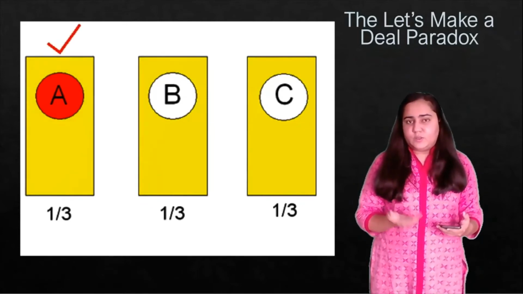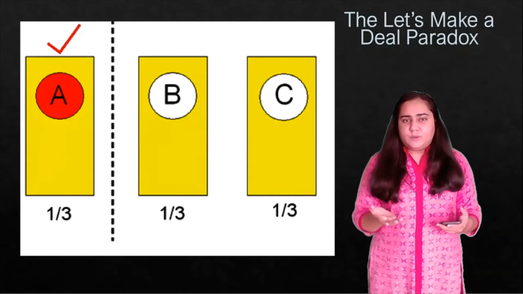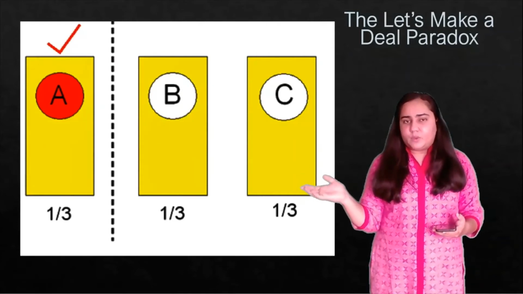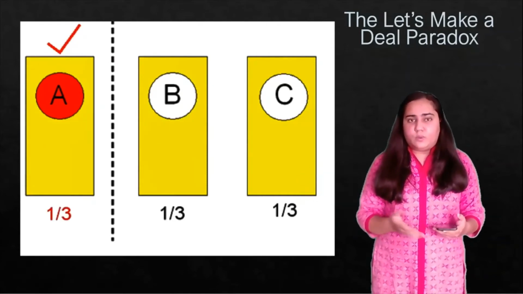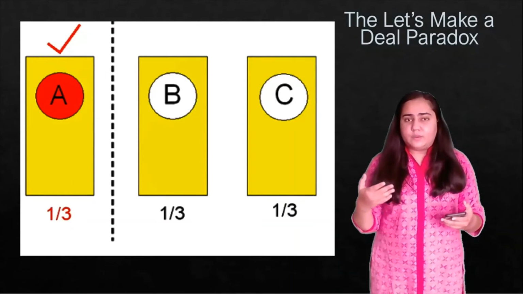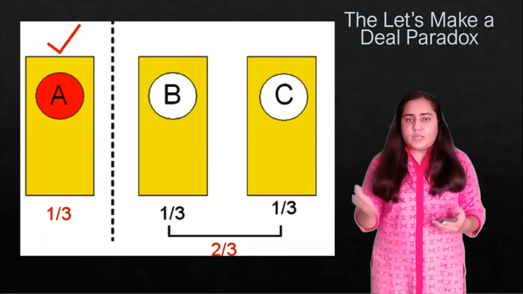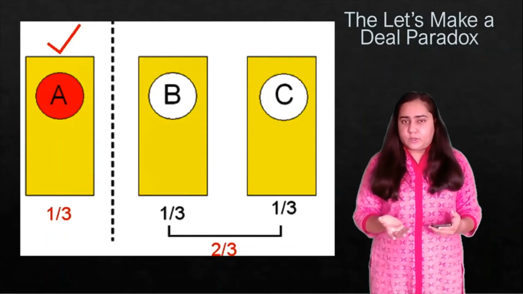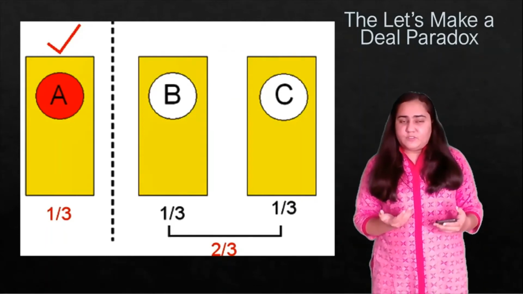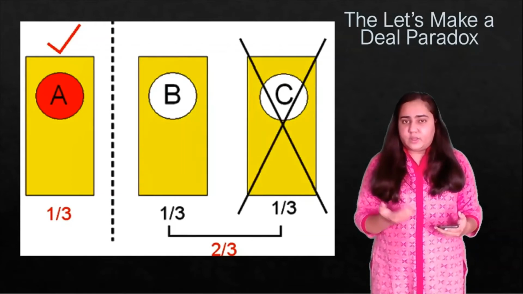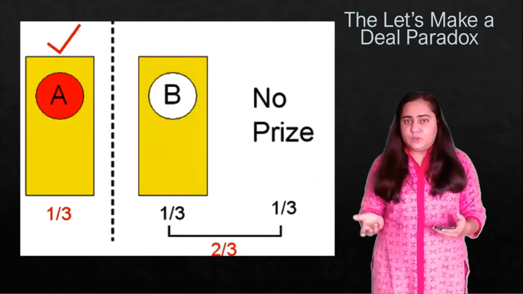Probability of B is 1/3, C is 1/3. Suppose you selected door A with a probability of 1/3. Now that means the doors that are left are B and C. Together their probability is 2/3. So probability of gift behind A is 1/3 and behind B and C is 2/3.